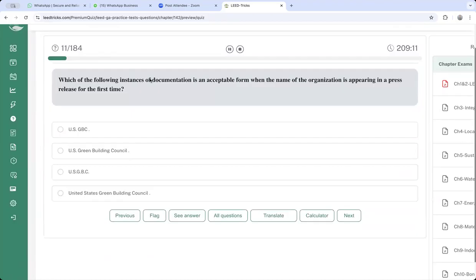Next question will say, which of the following instances of documentation is an acceptable form when the name of the organization appears in a press release for the first time? He asked here organization means the USGBC, because I see the answer USGBC.